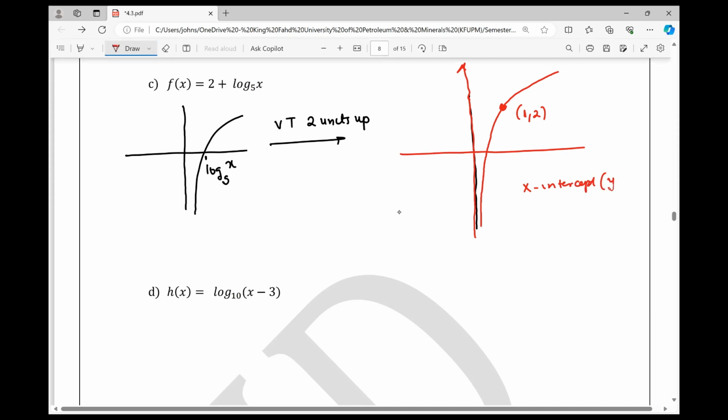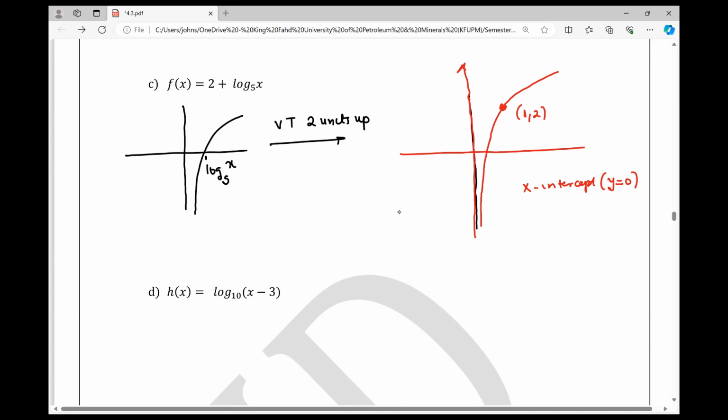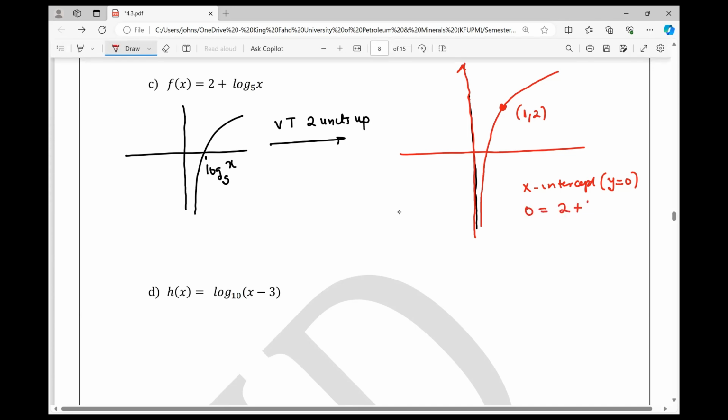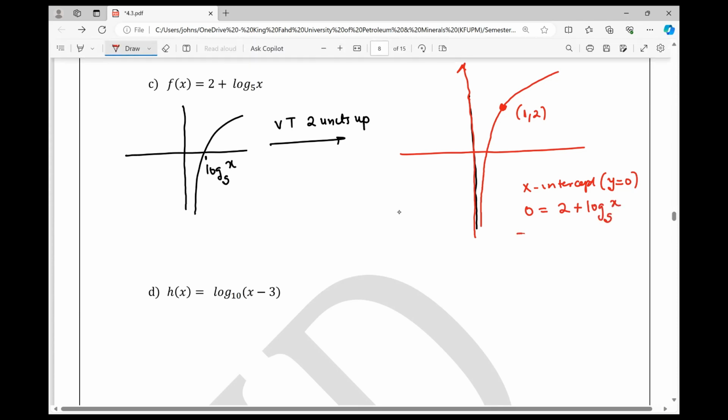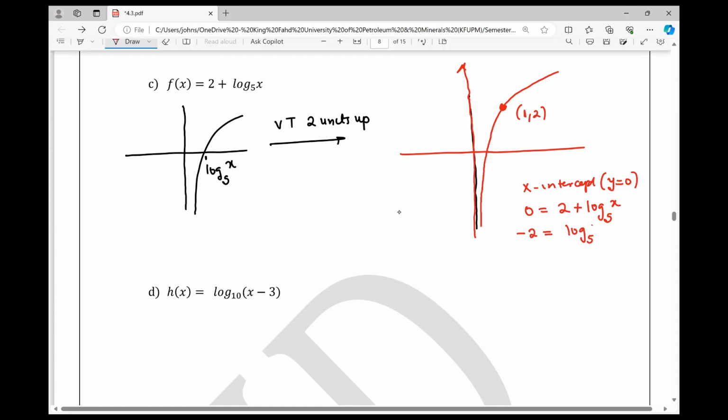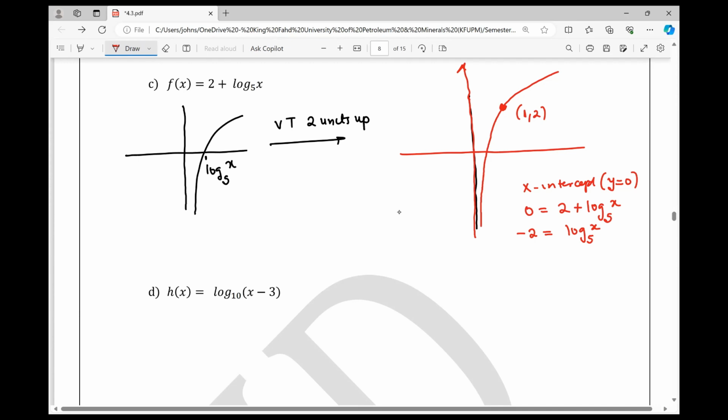The x-intercept is just by putting y equals 0. So you have 0 equals 2 plus log 5 of x. And this means -2 equals log 5 of x.